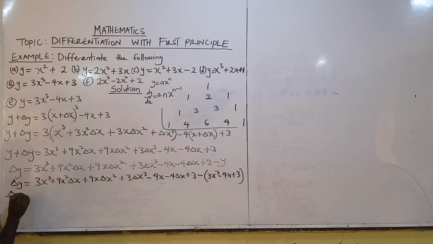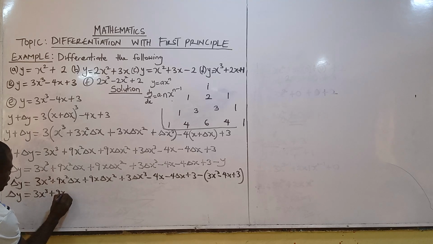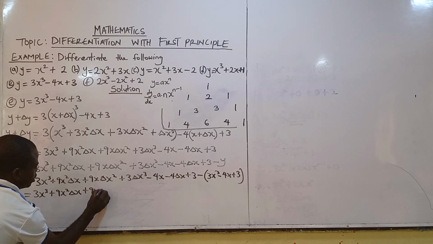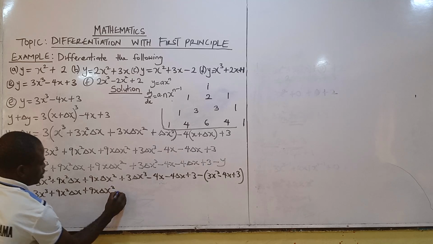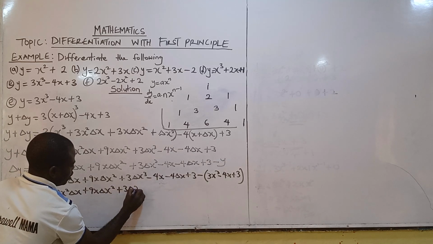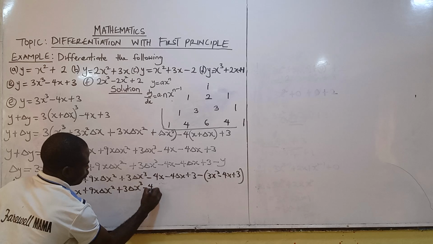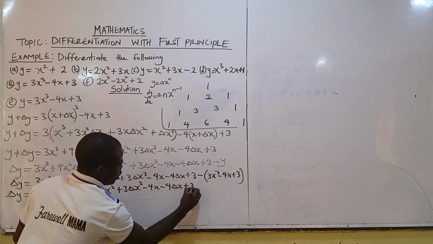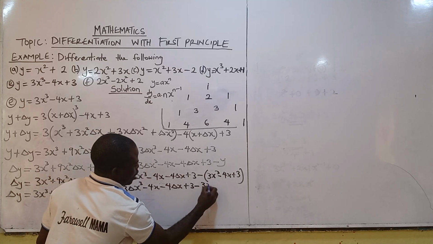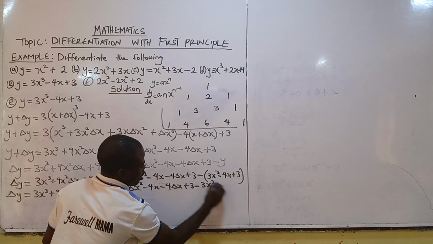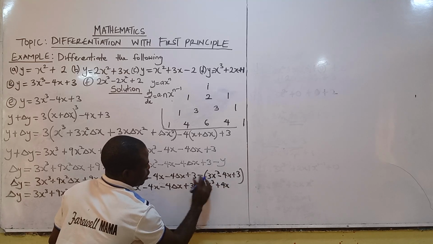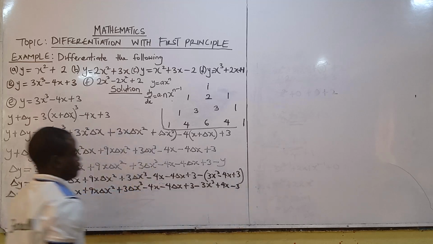You have dy equal to 3x cubed plus 9x squared dx plus 9x dx squared plus 3 dx cubed minus 4x minus 4 dx plus 3 minus 3x cubed, minus negative and positive plus 4x minus 3.